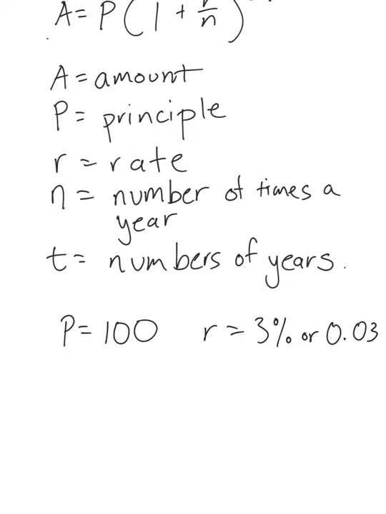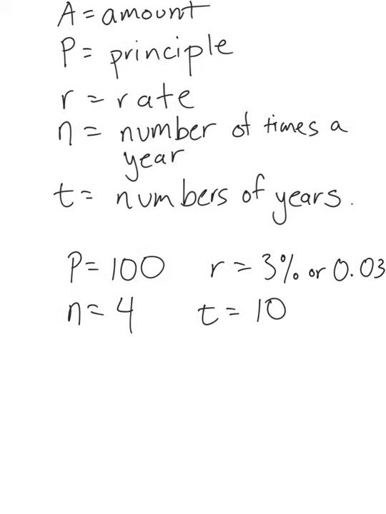And the number of times a year that they give you interest, let's say 4 times a year. Let's say you just put this $100 in there just one time, and you didn't put anything else. And you want to see how much money you're going to get after 10 years.